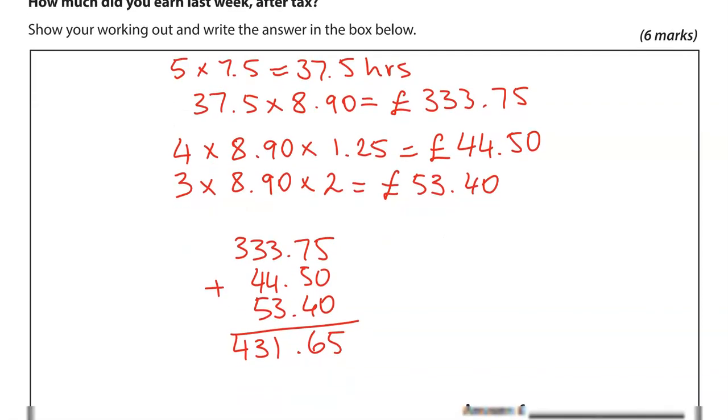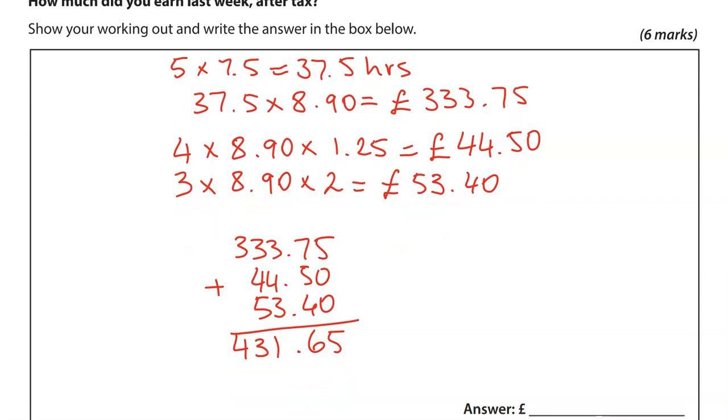Now we need to work out 20% of that, so 20%, that's 20 out of 100 of the amount, £431.65, which gives us £86.33.